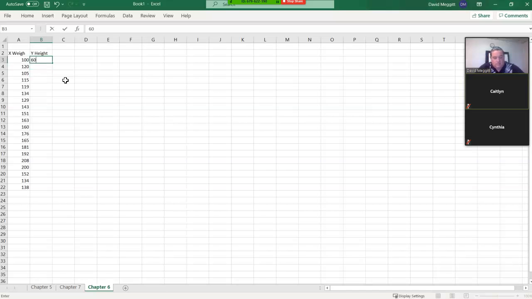And looking at adding the height. All right, hopefully I got them all in there correctly.